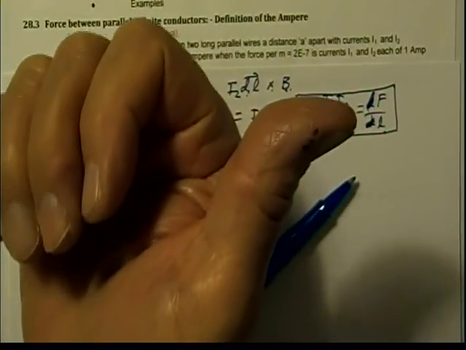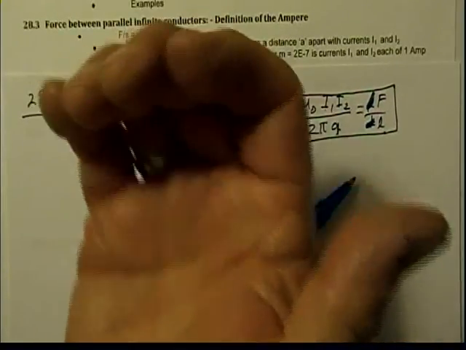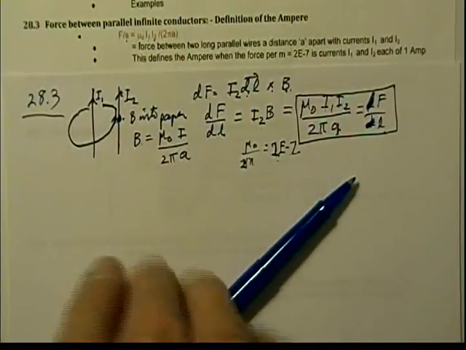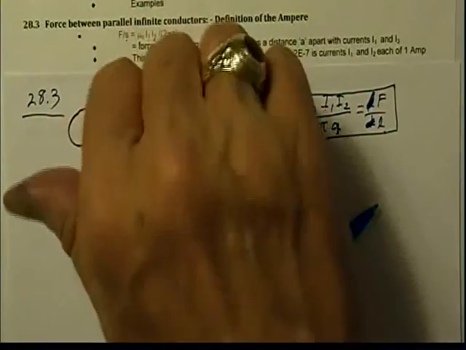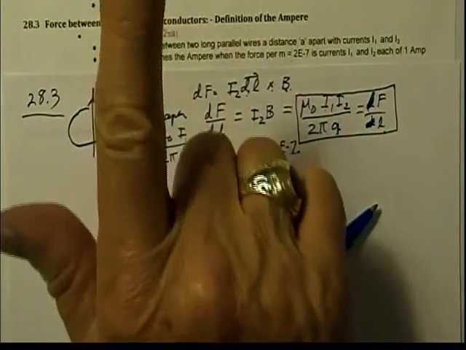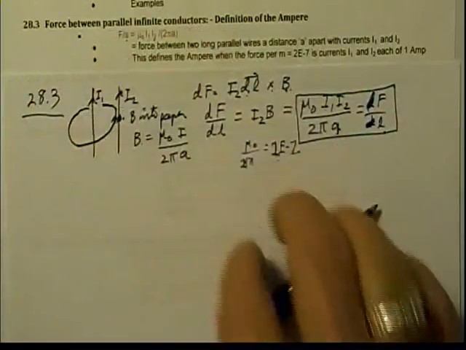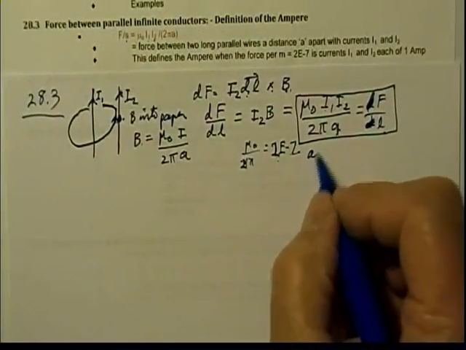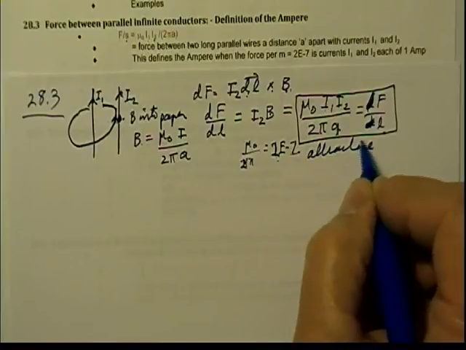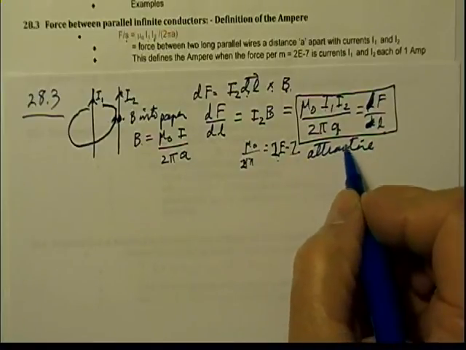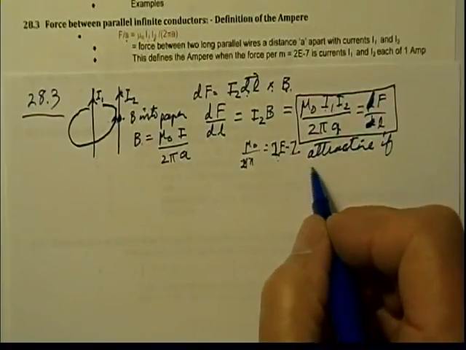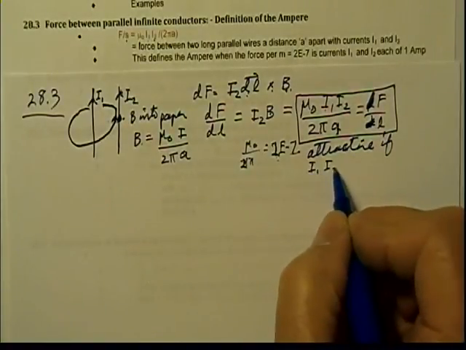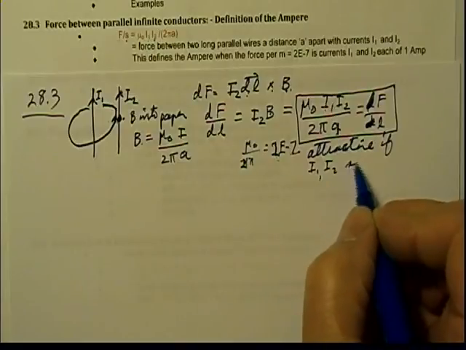So dl is that way, B is into the paper, and dl cross B is attractive. So this is attractive if I1 and I2 are in the same direction.